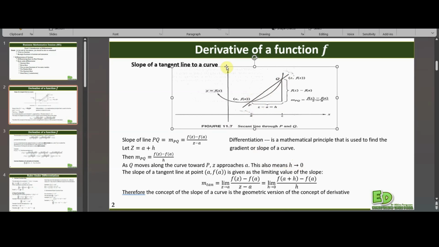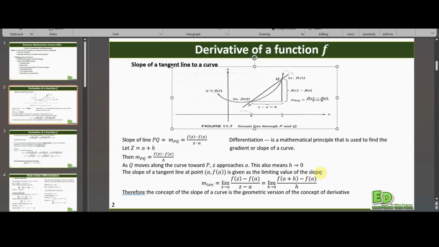Because when you have this, your graph over here, let's say a graph, the point 0 is here, right? So you can see that as this point Q moves along the curve to point P, this Z approaches A, or we can say H approaches what? 0, right?